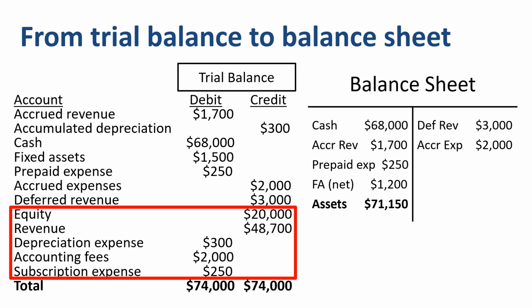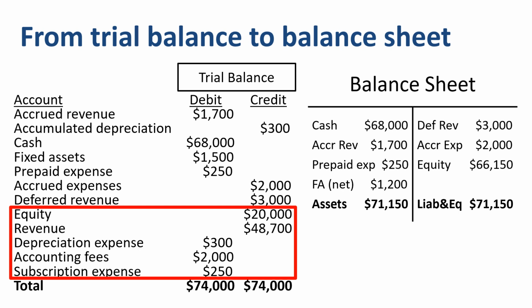We therefore take the revenue minus the expense accounts into equity, bringing equity from $20,000 to $66,150. Total liabilities and equity, what we owe, is now equal to total assets, what we own.